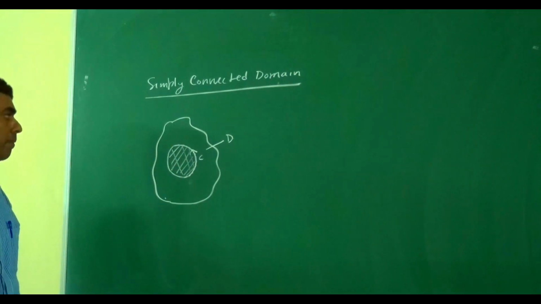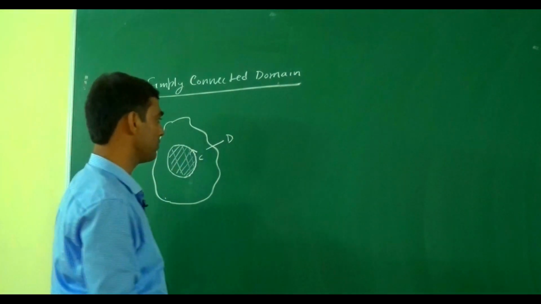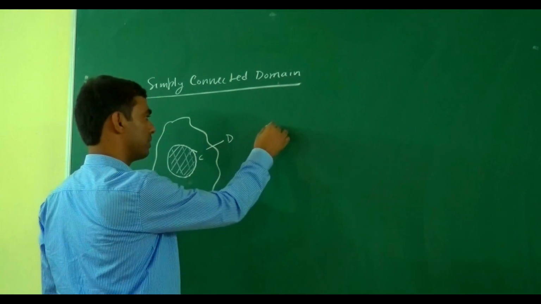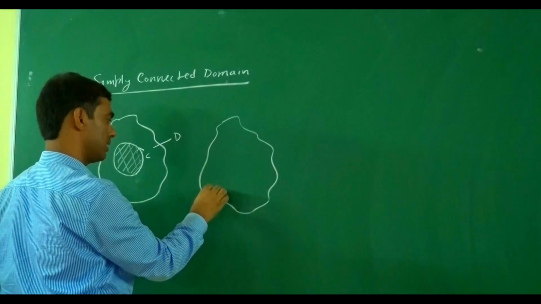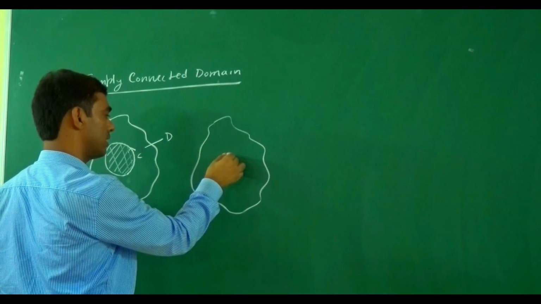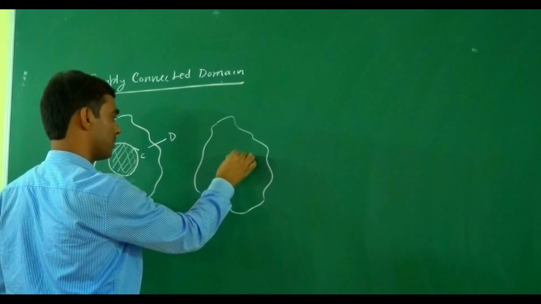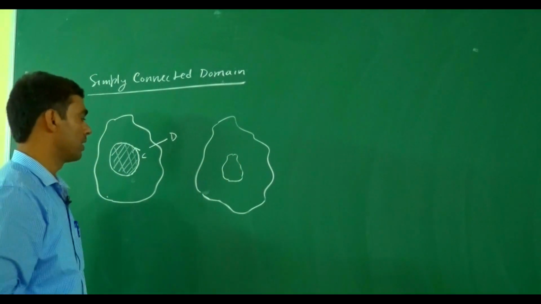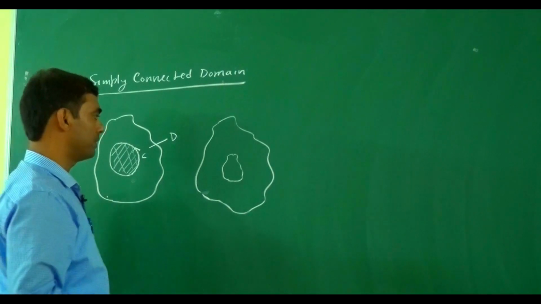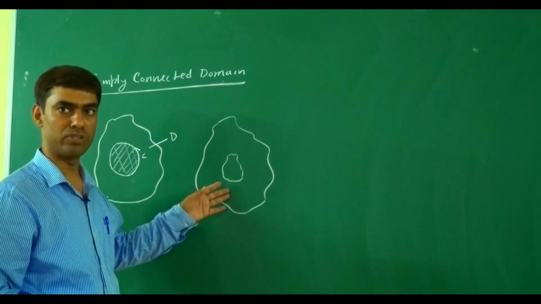Then this region is called a simply connected domain. Now, if we talk about this region, and here there is a hole, this is not a simply connected domain.